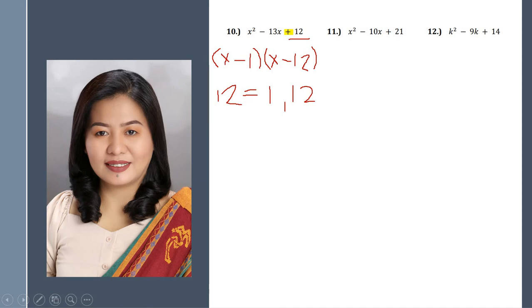Next would be x squared minus 10x plus 21. So the factors of x squared, we have x and x.